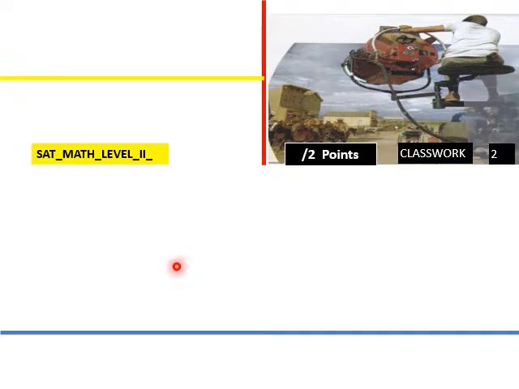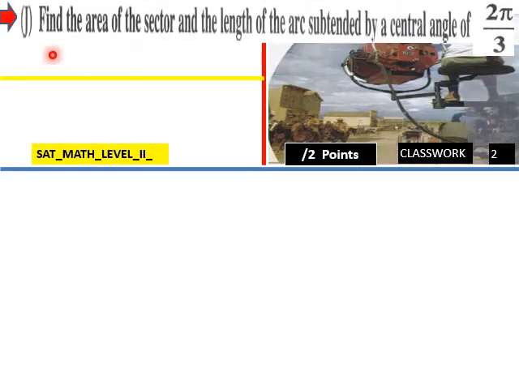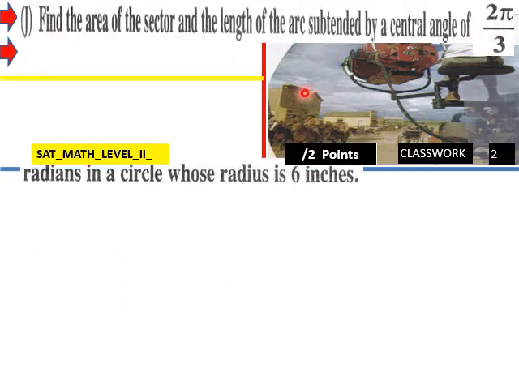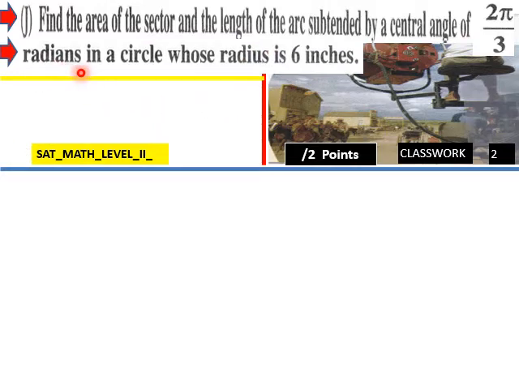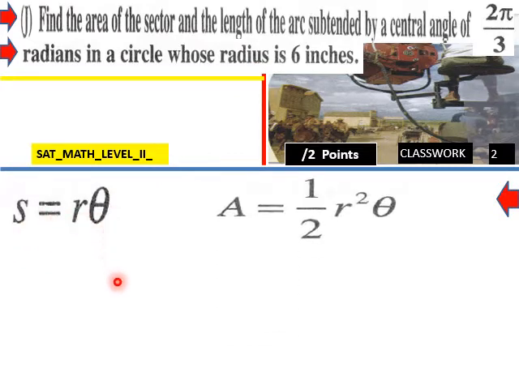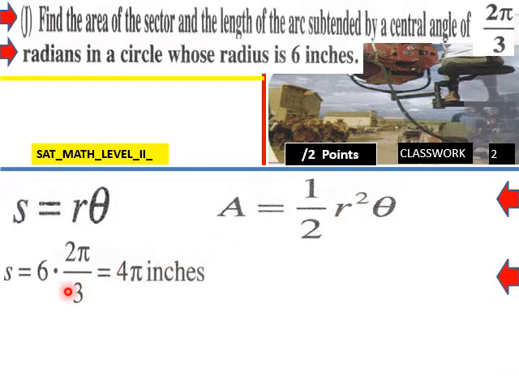Knowing that, we'll jump right into a situation. J: find the area of the sector and the length of the arc subtended by a central angle of 2 pi over 3 radians in a circle whose radius is 6 inches. Using our formulas, S equals r theta and area equals 1/2 r squared theta.